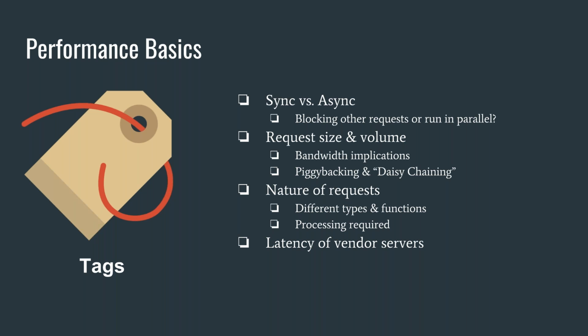With an asynchronous tag, or an asynchronous request, more than one can happen in parallel. With a synchronous request, it's the only thing that can be executed at that time. Now, most tags and most pixels now are asynchronous in nature, but depending on the platform, especially if you're working with an A/B testing platform, for example, those still run synchronously.